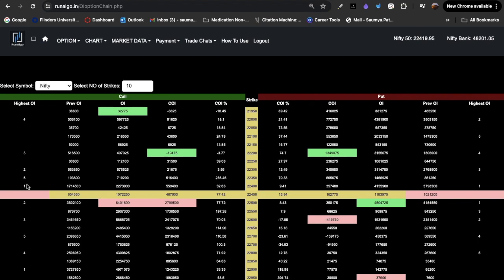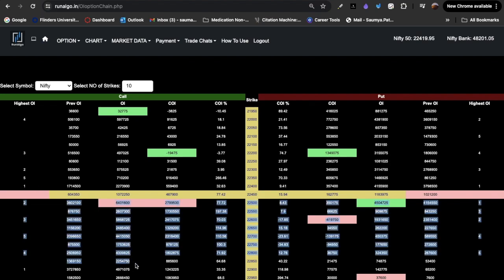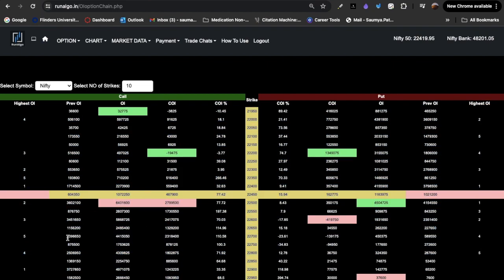The same data is shown on OI option chain on the Runalgo website. Over here you can see that rankings have been given on in the money options and out of the money options both. Using this data, you can find the support and resistance of the market.